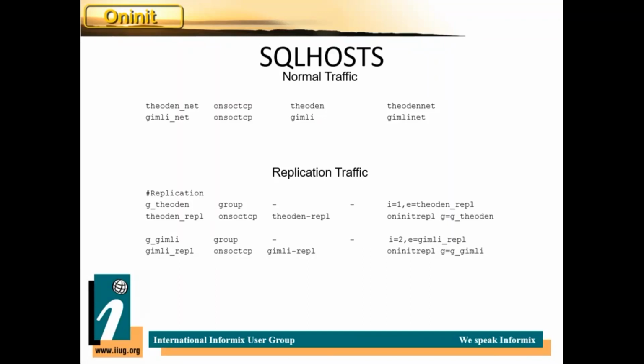The e at the end is not necessary. It's not vital. It just tells the processing of the SQL hosts when to stop building up this group of Theoden. So if you are using other architectures or other servers, Theoden might be 4 or 5 different servers, and you might want to stop the processing of the file sooner. In most normal situations, I would suspect it doesn't save you an awful lot.